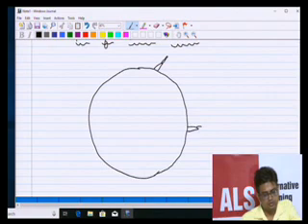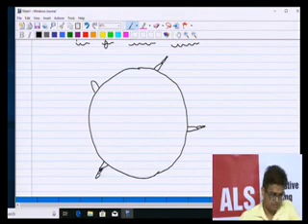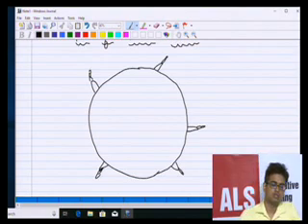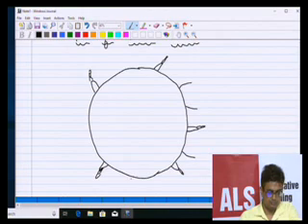Sometimes, suppose sunflower, it has 3 cells, 4 cells, 5 cells, 6 cells, or even more. These are the stem hair or the trichomes. I am not going to draw the cellular structure, I just want to tell you. These stem hair are multicellular.